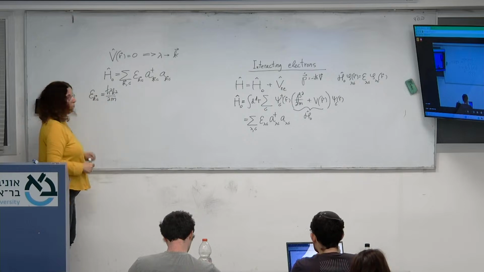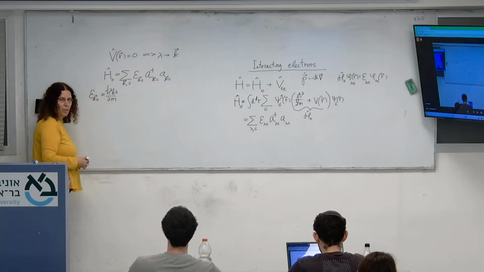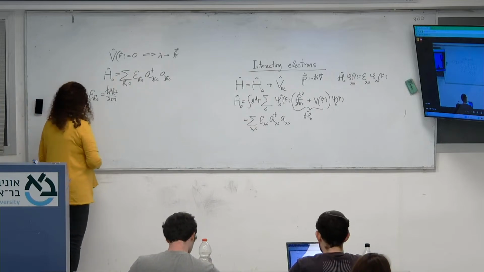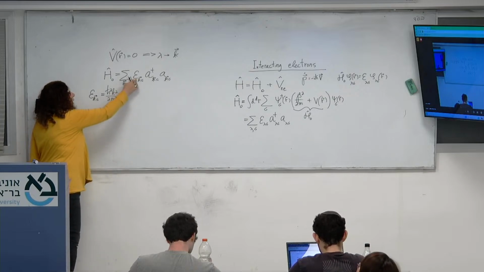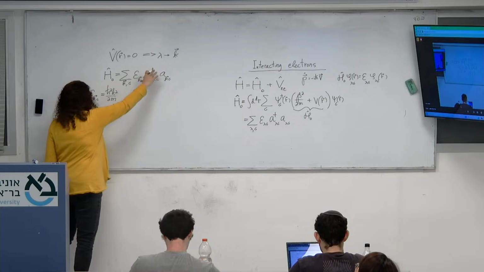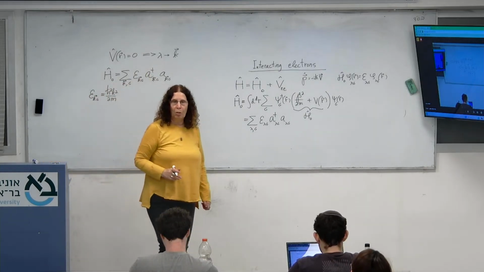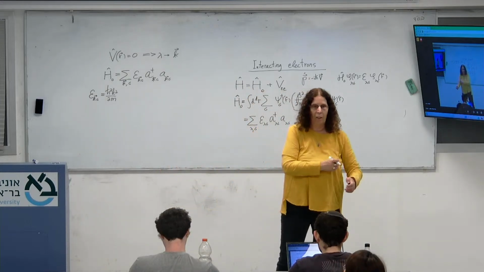Just the usual kinetic energy. H bar K is the momentum, the eigenvalue of the momentum. And actually, more generally, this form is correct not only when V is 0, but also when V is a periodic potential.